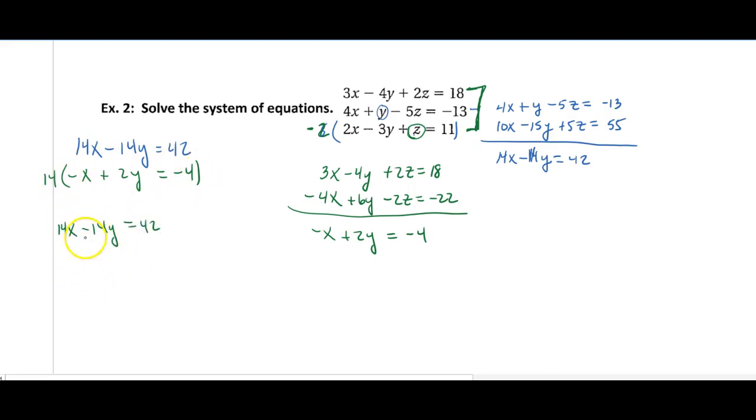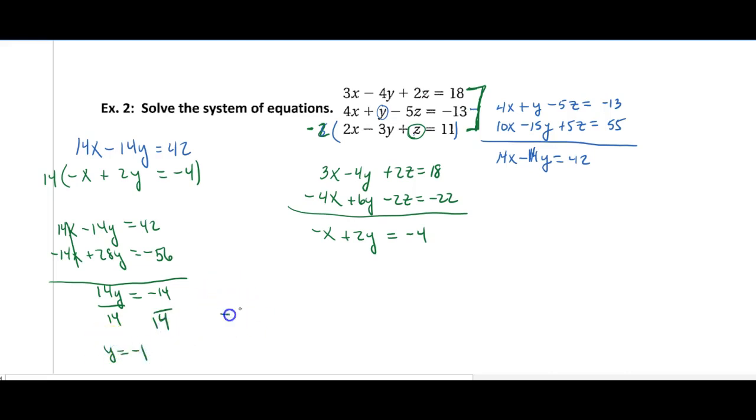The bottom equation, when I multiply everything by 14, gives negative 14x plus 28y equal to negative 56. These eliminate, and I'm left with 14y equals negative 14. Now I can solve for y, and I get y is equal to negative 1.